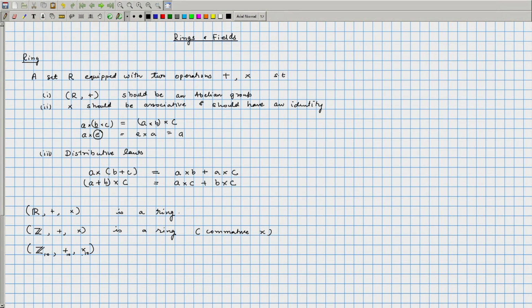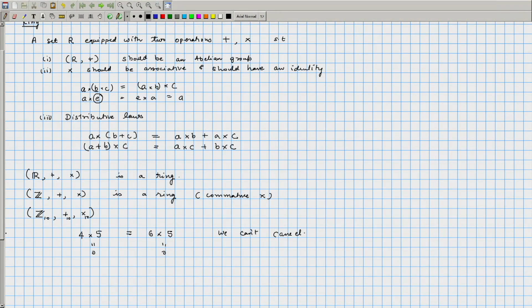But now you can see that even the cancellation law does not work. For example, 4 into 5 is 20, which is equal to 0, which is equal to, let us say, 6 into 5. So, both are 0, but we just cannot cancel off 5 and say that 4 equals 6. But this is again a commutative ring.